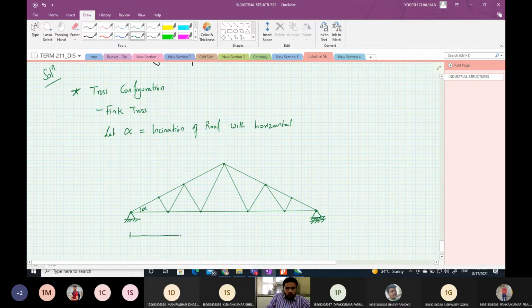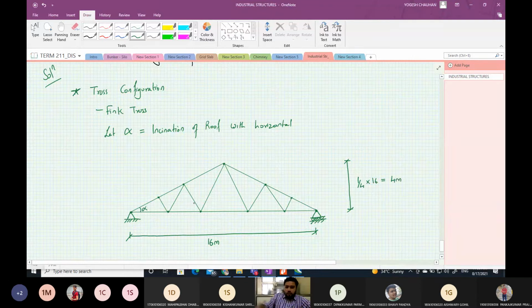This is 16 meter. We have been given the rise, 1/4 of 16, 1/4 of the span. So that is 4 meter.